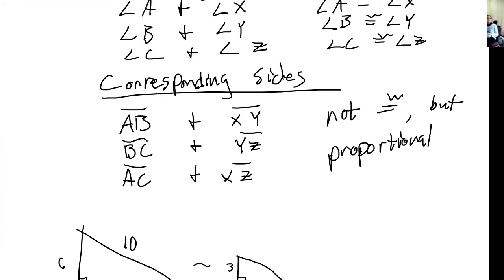So if this was 3, then what are these two values? What would X be? You guys figure that out? I see. Go ahead. It would be 4. Yeah, because look, this looks like half of that, right? So half of 8 would be 4.